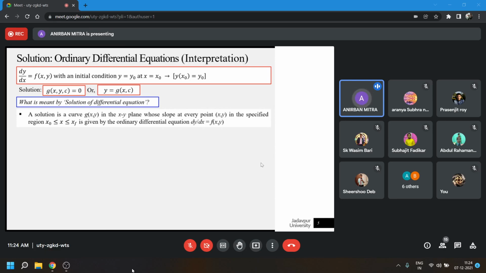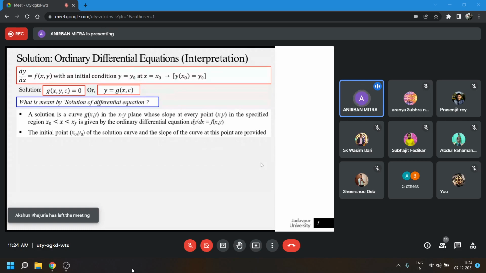So basically, we are looking for a curve in the xy plane. The initial point of this curve is provided to us through the initial condition. Remember that this is an initial value problem. So y equal to y0 at x equal to x0, this is given.